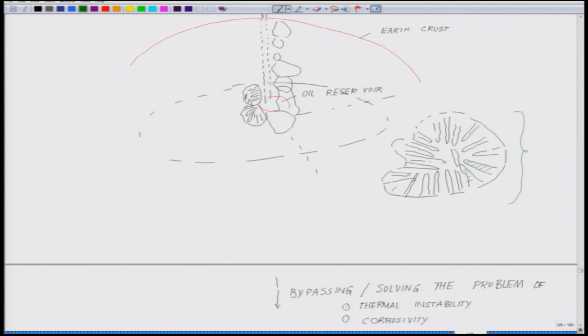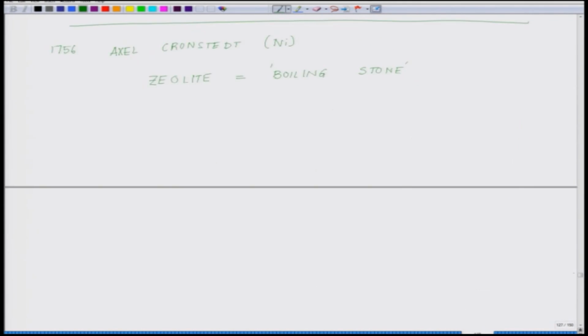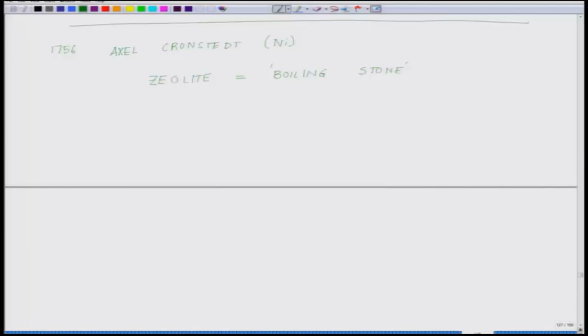So, there are such materials deep underneath the earth crust which could trap a lot of water molecules in them. Now, having said this, let me put down some of the details about the zeolite, because this will come in handy while we talk about catalytic cracking.